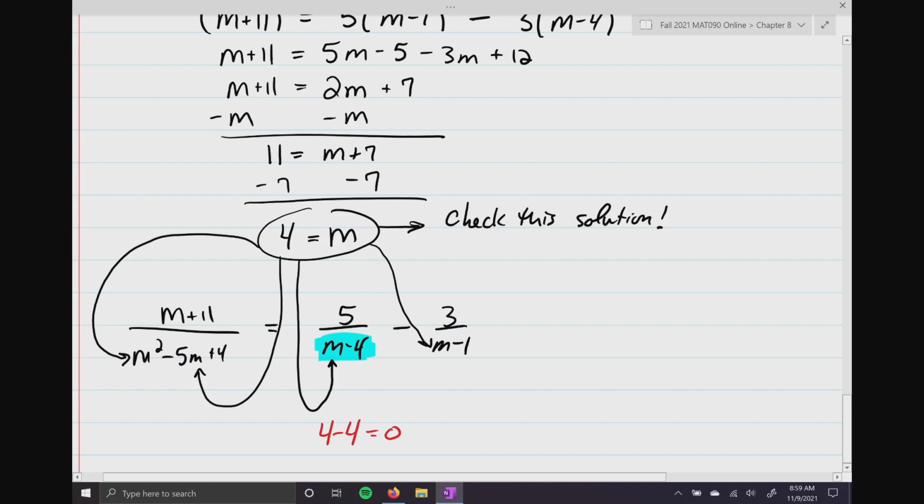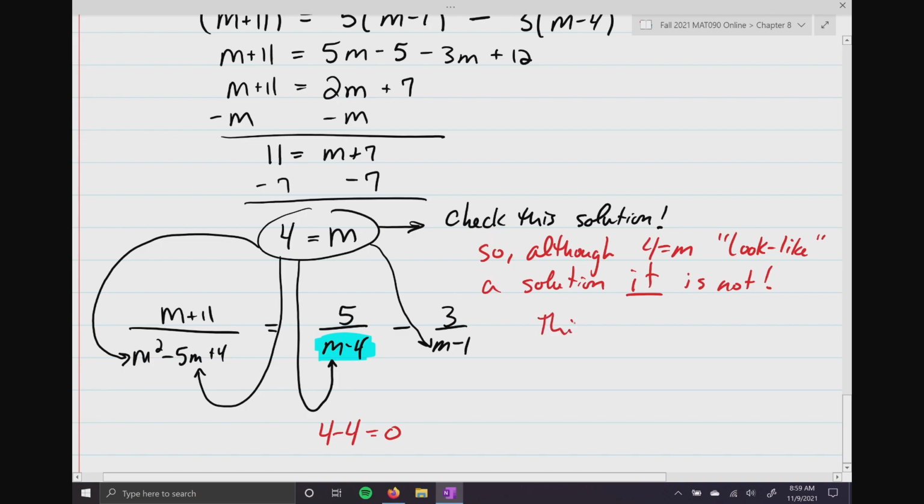So, although 4 equals m looks like a solution, it is not.